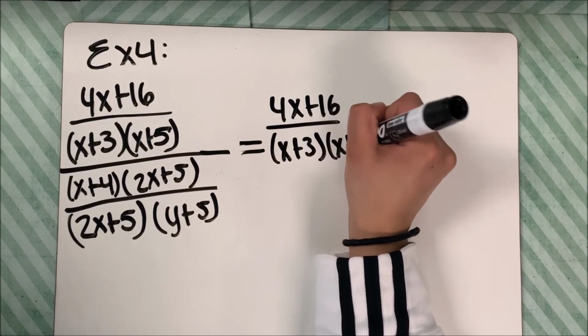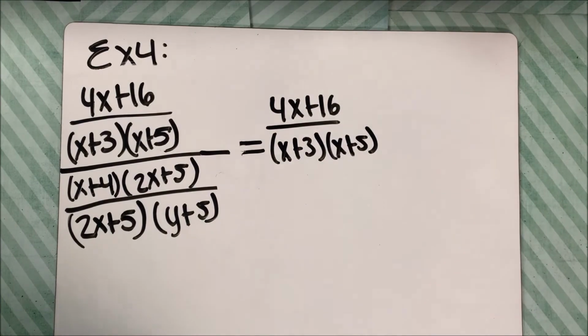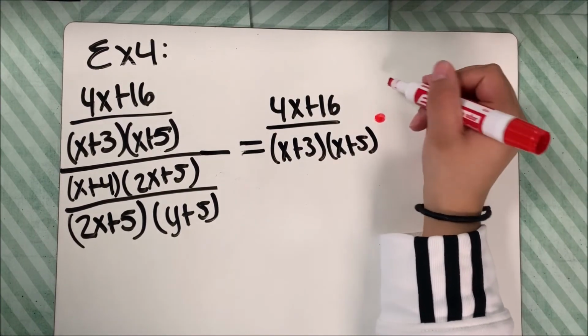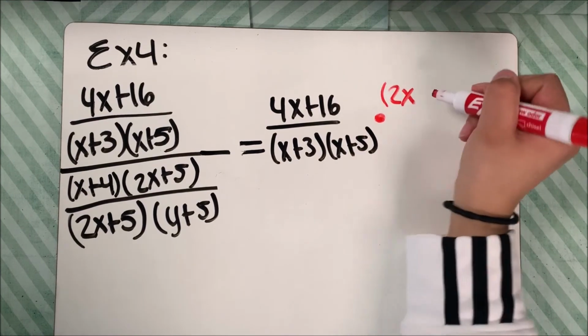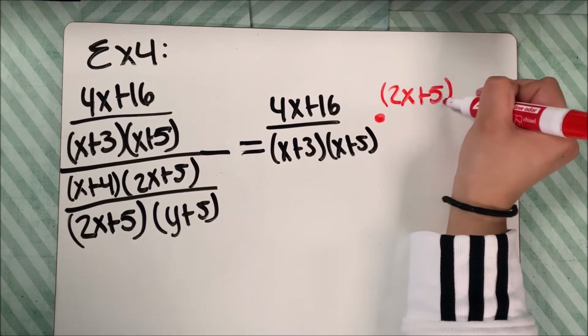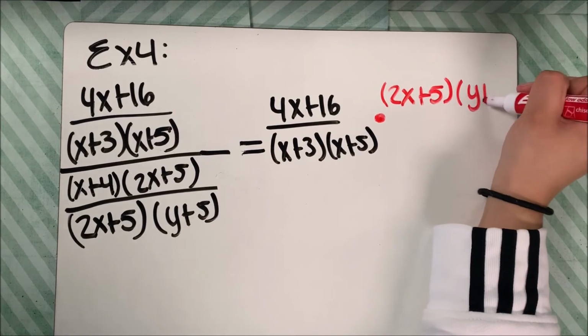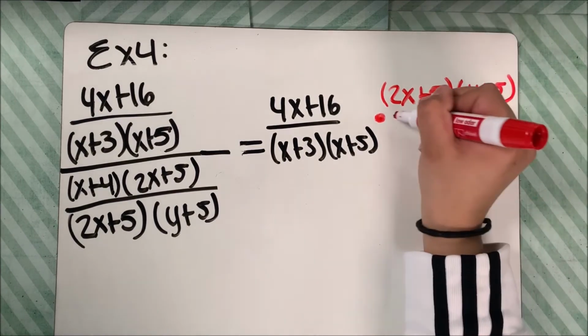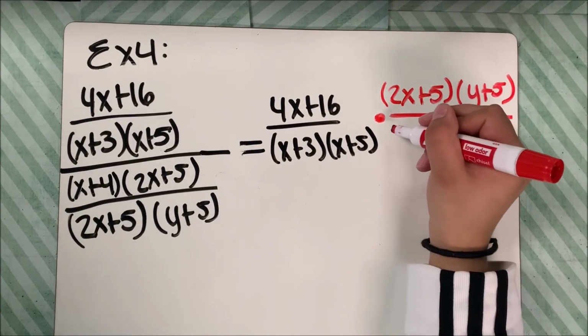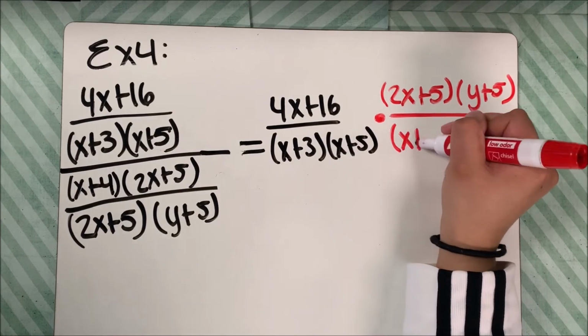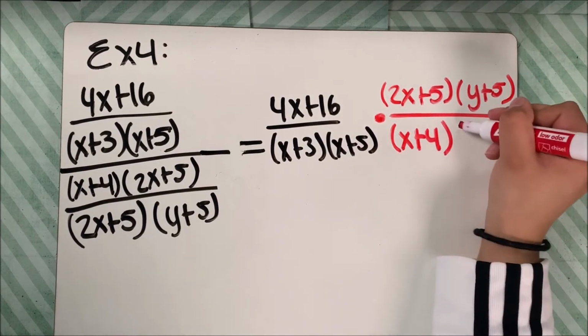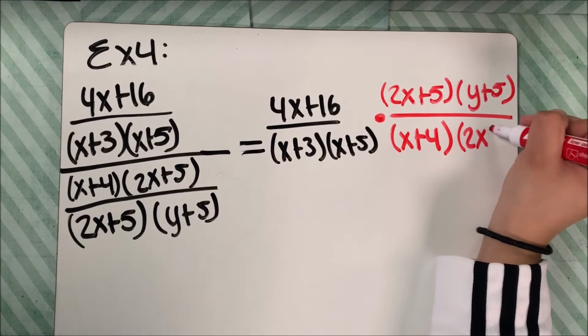Now in this step, you must multiply the numerator by the reciprocal of the denominator, which will result in 2x plus 5 times y plus 5 over x plus 4 times 2x plus 5.